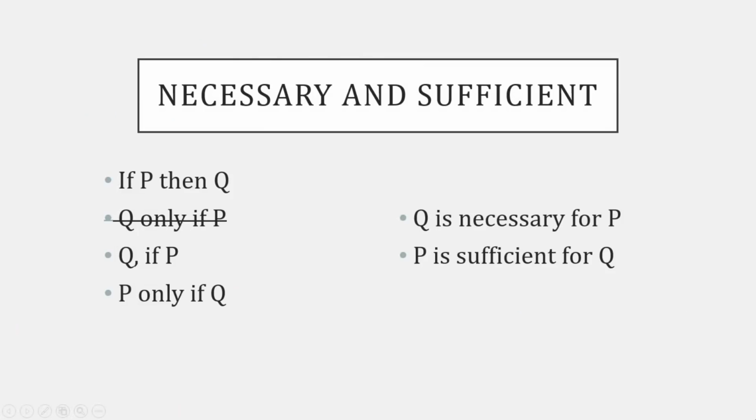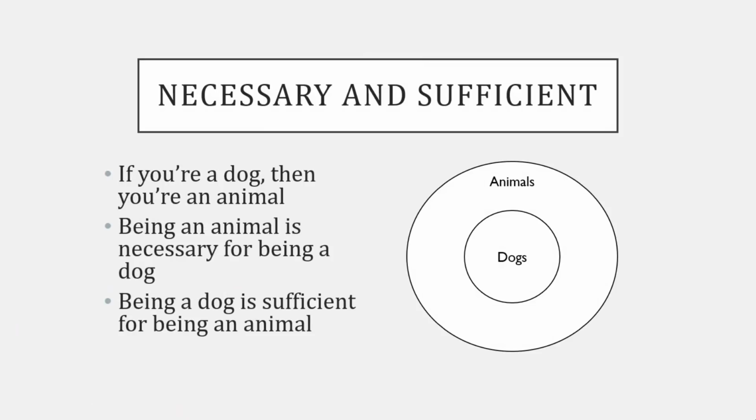So, if P then Q, let's just get onto this. Necessary and sufficient. If you're a dog, then you're an animal. Sounds right, right? All dogs are animals. What I'm saying there is the set of dogs are strictly contained within the set of animals.